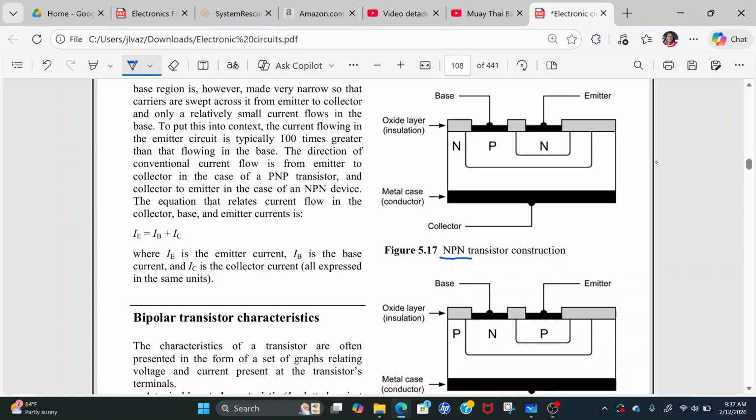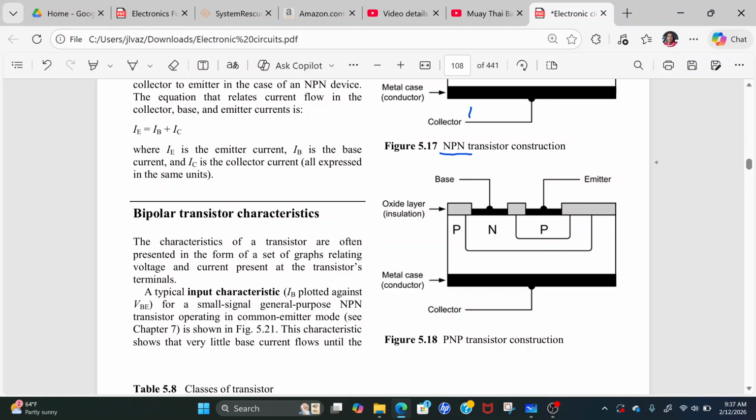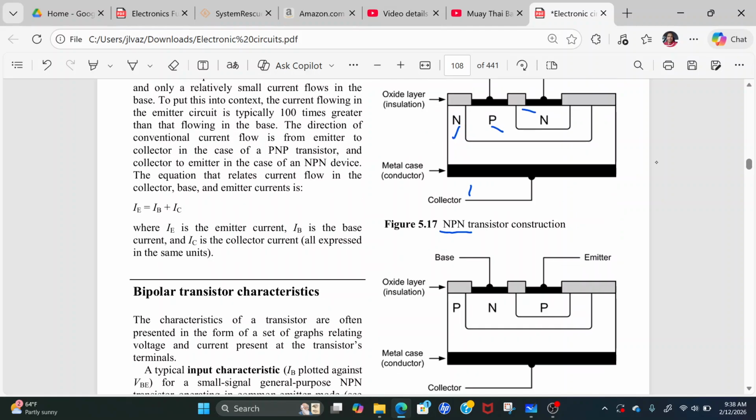Because in this case, the collector, which is this terminal here, is of type N, the base is of type P, and the emitter is of type N. So it is an NPN transistor. And in this case, we have a PNP transistor, in which the collector is P, the base is N, and the emitter is of type P. All right, so let's continue reading.